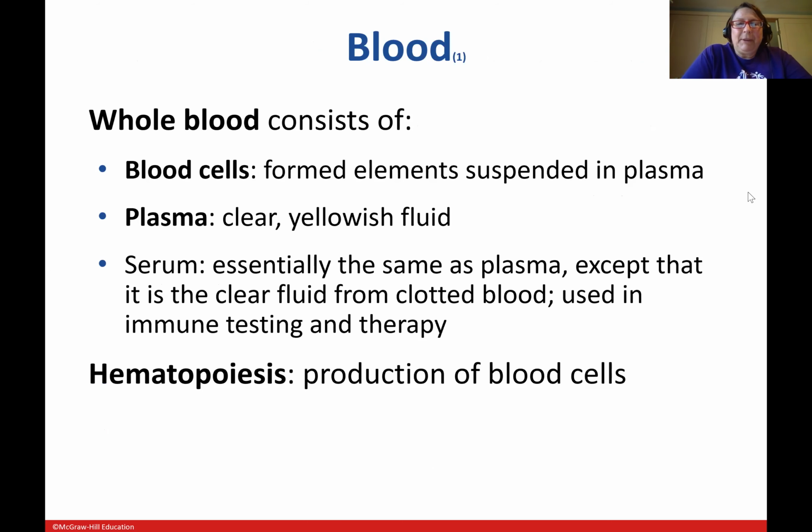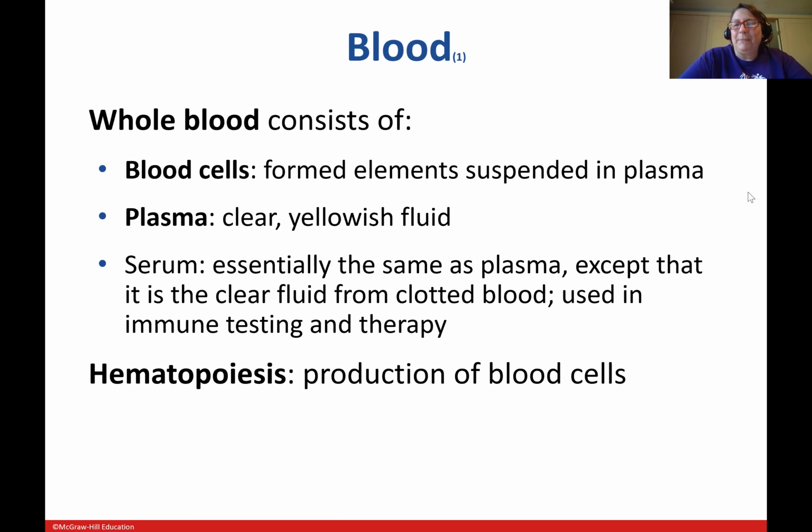So let's talk a little bit about blood. So whole blood consists of a number of components. So the first part, obviously, is the red blood cells, or blood cells, both white and red. And those are basically suspended in the plasma, which is the liquid of blood. And that's a clear yellowish fluid. So if you've ever seen blood spun down so that all the red blood cells go to the bottom of the tube, what's left is the plasma, and that's a pretty clear, slightly yellowish liquid, and that's the liquid component of the blood.